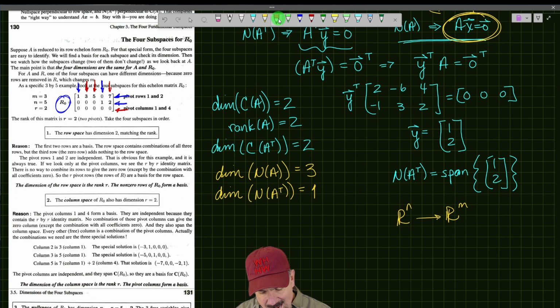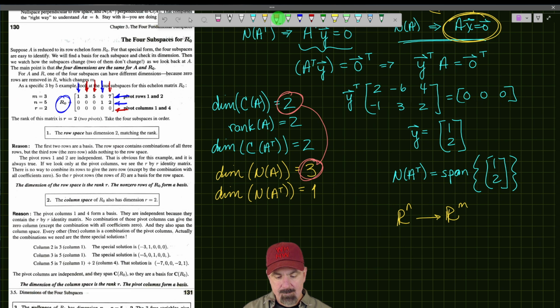And we know that A is associated with this, right, and the null space. And that means that I have dimension, and it's only because the dimension of the column space and the row space are the same. These two things are always equal to each other.